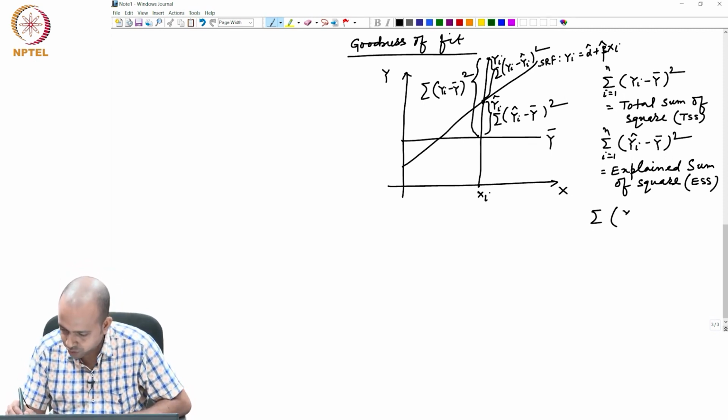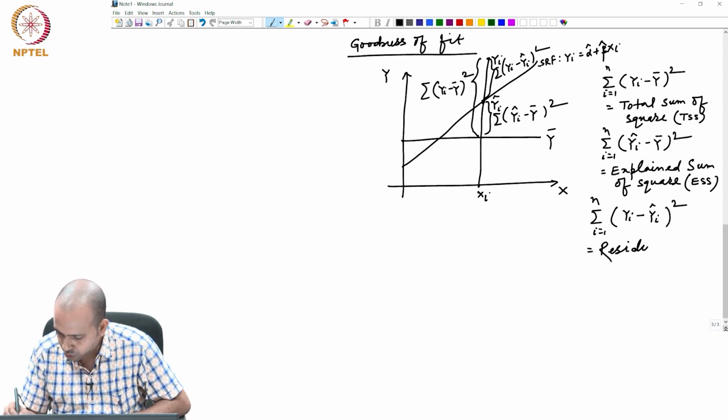So, this is called summation yi minus yi hat whole square, i running from 1 to n, and this is called residual sum of square. This much you are not able to explain, residual sum of square or RSS.